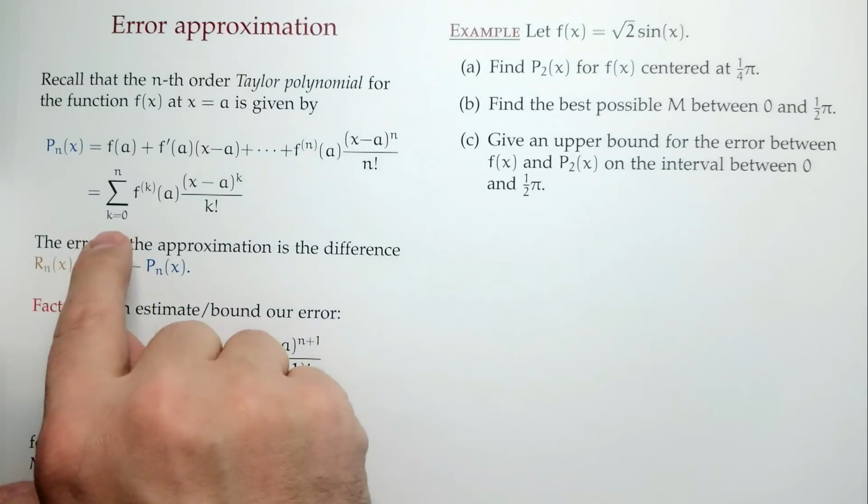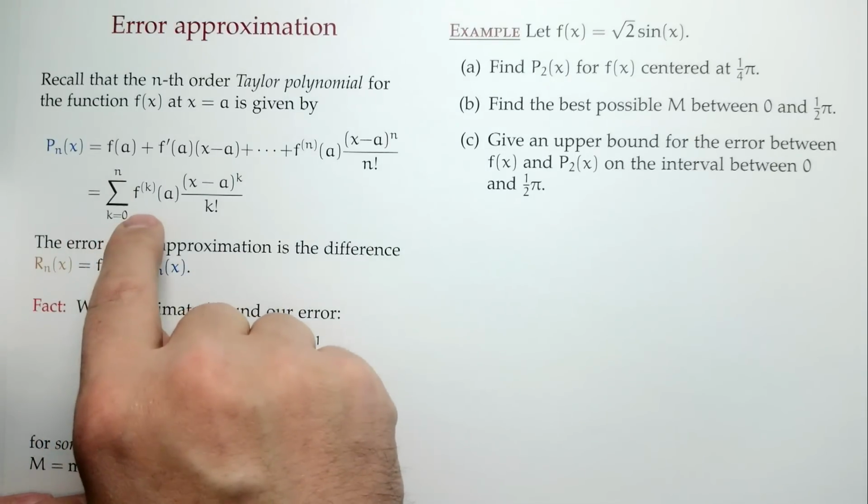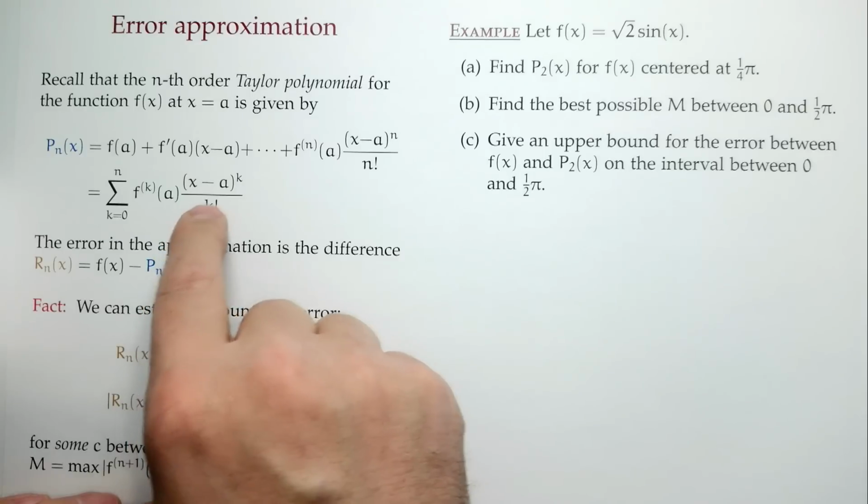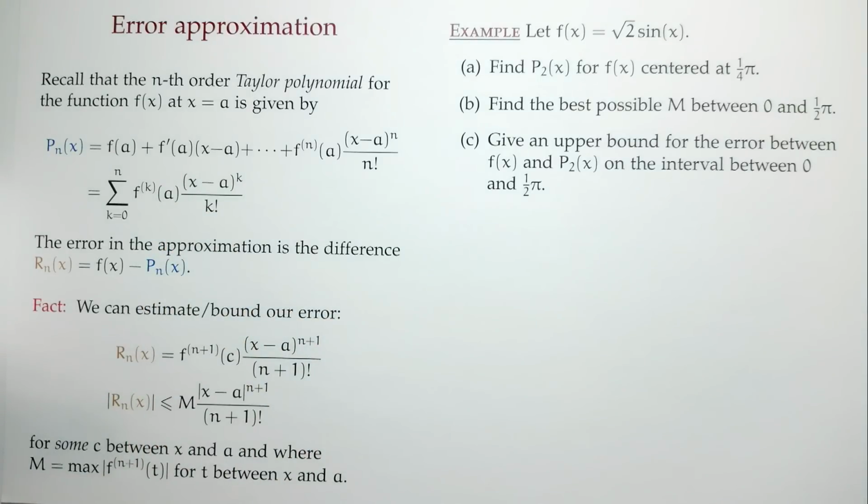So it's a sum from 0 to n of the kth derivative evaluated at a, times x minus a to the k over k factorial. This is approximating our function. Think of it like the tangent line, because remember, the tangent line is a really simple case of a Taylor polynomial. The tangent line would be when n equals 1, the first order Taylor polynomial.